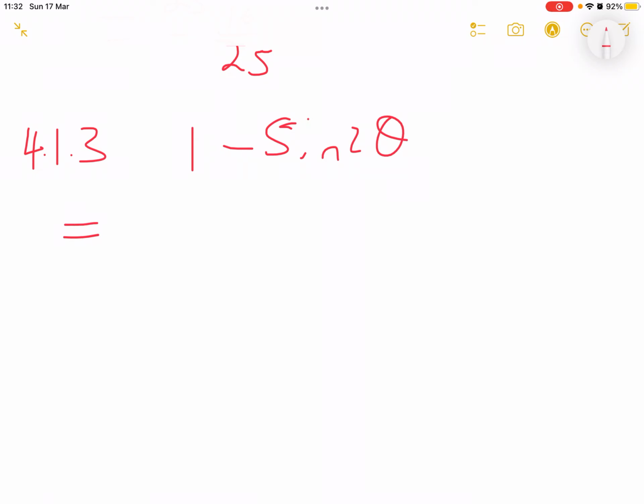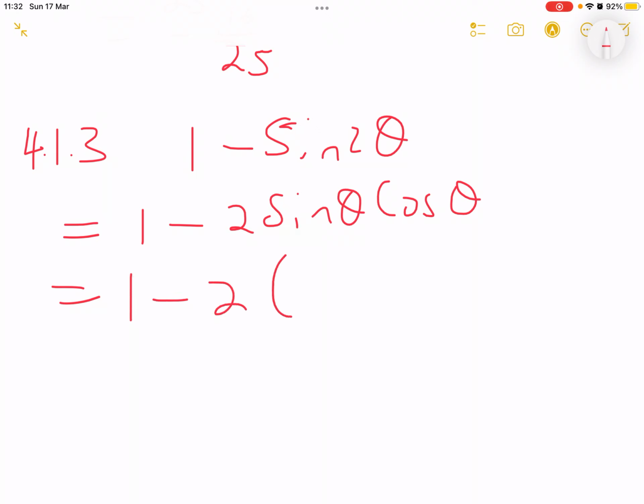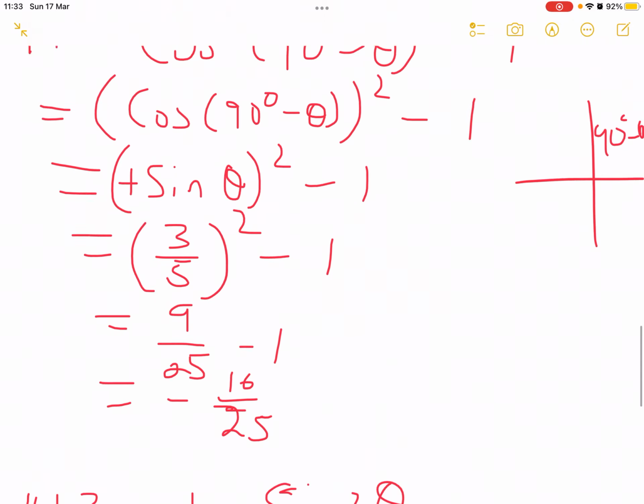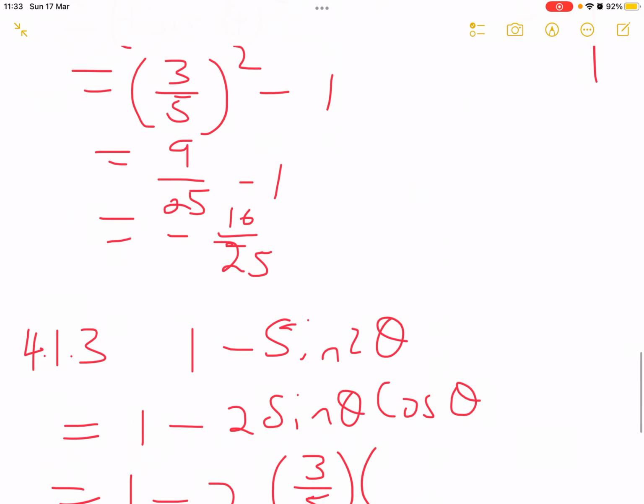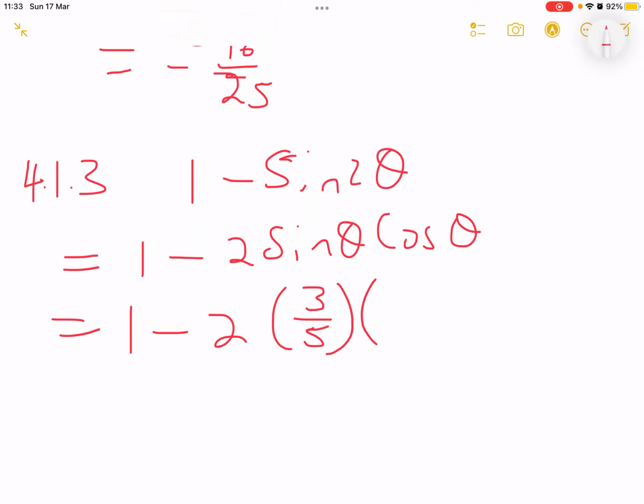We know the identity, sine 2 theta, which is a double angle, is the same as 2 sine theta cos theta. Now we've defined sine, so it's going to be easy here. It's 1 minus 2 times sine, which is 3 over 5. What about cos? Cos is the adjacent over hypotenuse. The adjacent side is 4, so 4 over 5.